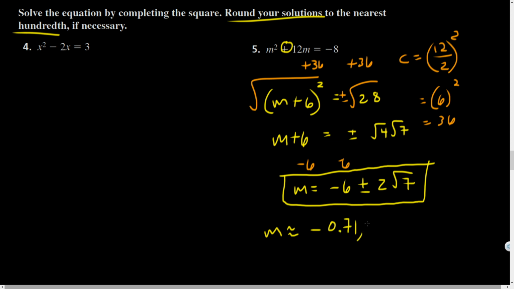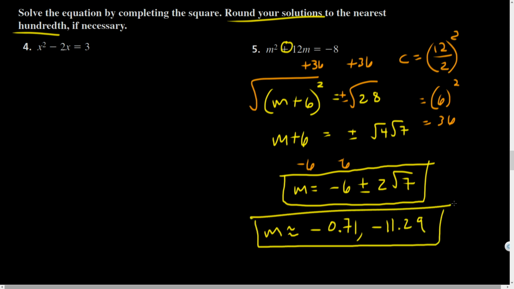And the other one, if I just hit the up arrow and over, change the plus to a minus sign, I get -11.29. And so there's my two answers, rounded to 2 decimals. Not bad. And the fact that this had a radical in the exact answer means this problem could never have been solved by factoring.